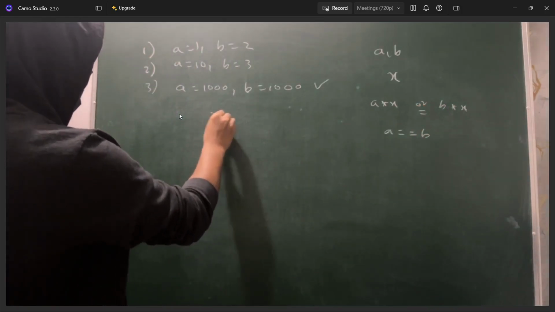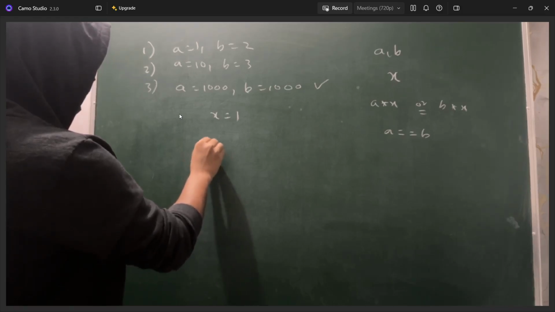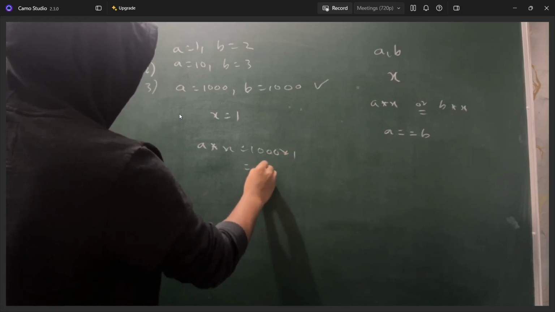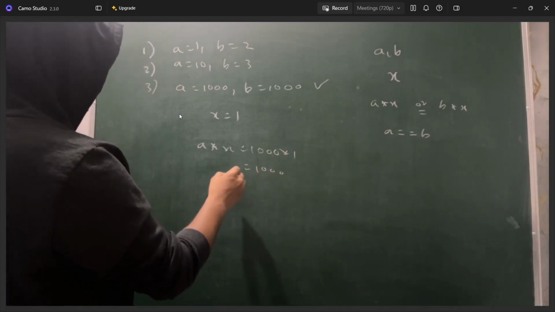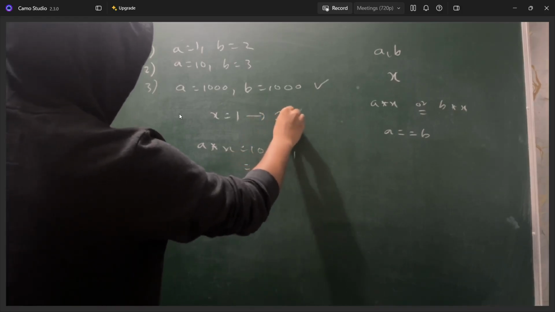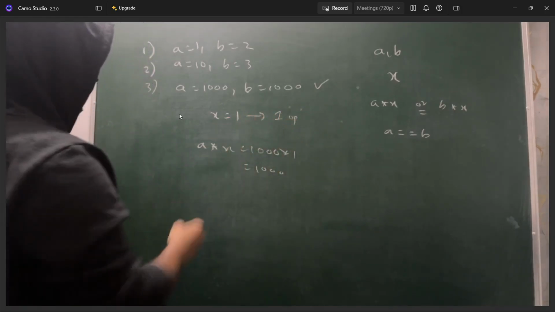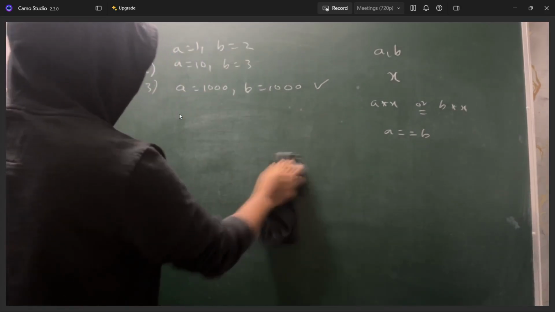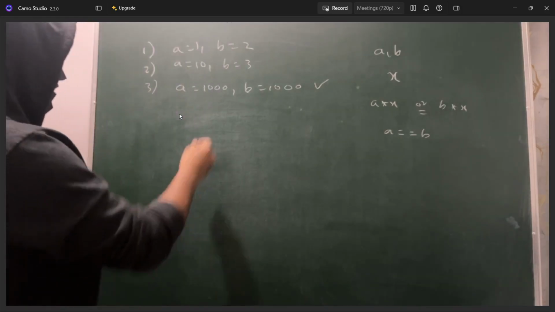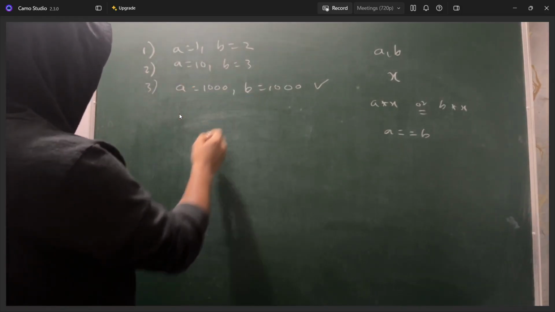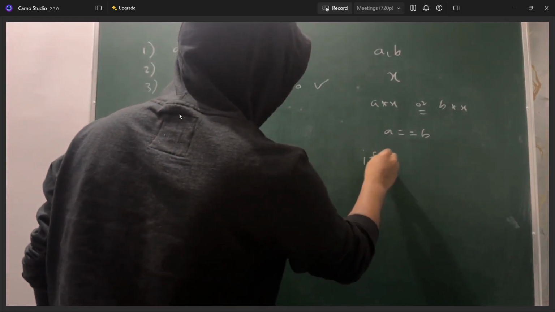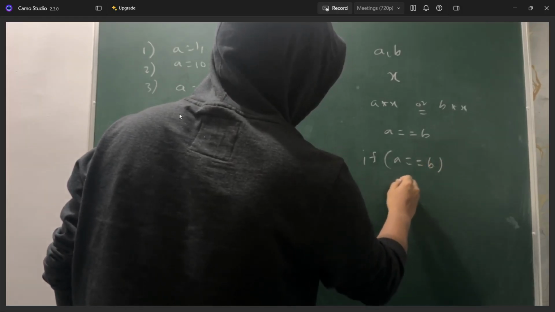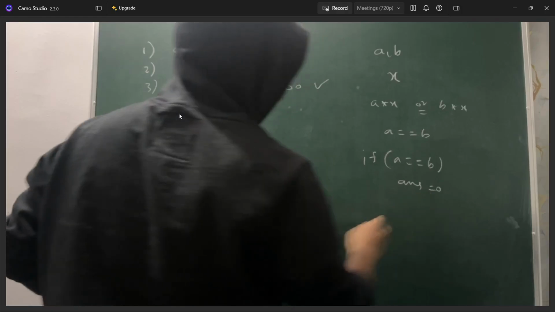Even if you choose, let's say, x equal to 1, then a into x will be 1000 into 1, which is 1000 only, right? And since you are doing one operation here, this is a waste. Even if you don't do any operation, both a and b are equal, which means you don't need to do any operation. So one case we have understood is that if a equals b, then your answer will be 0.